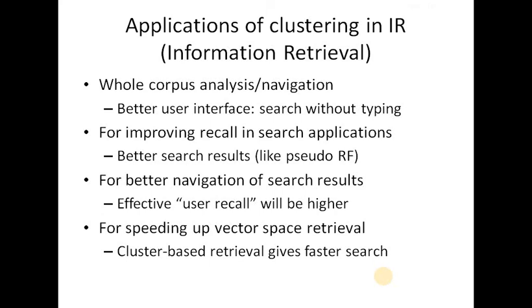Second, improving recall in search applications. Third, better navigation of search results, which is effective for all users looking for original data. And after that, speeding up vector space retrieval, because cluster-based retrieval gives faster search. So information retrieval gives better results when we apply clustering.